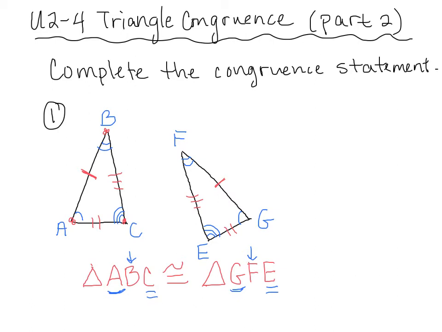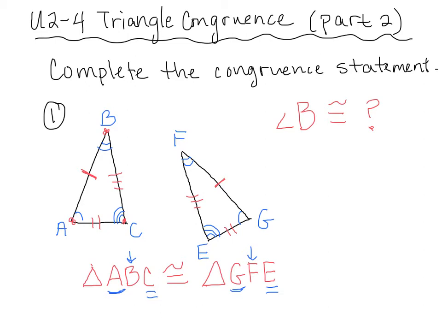Now you're going to be given some problems that have a partial congruence statement about this picture, okay? So for example, if I said angle B is congruent, and then I put a question mark, okay, that's what you're supposed to fill in right there, right?